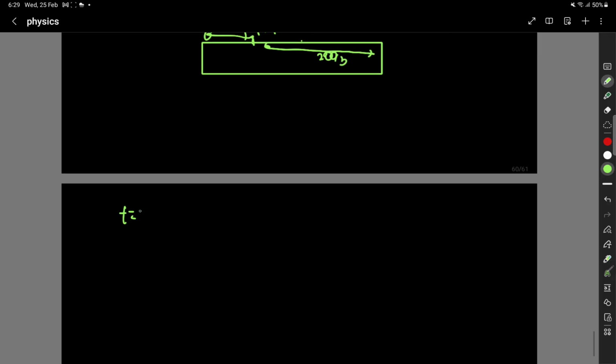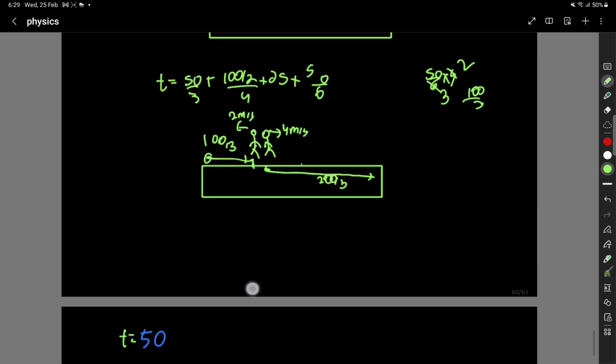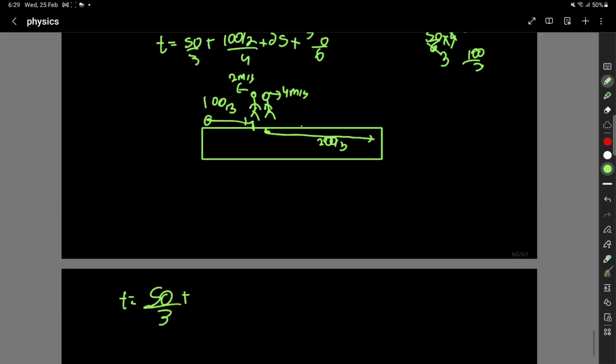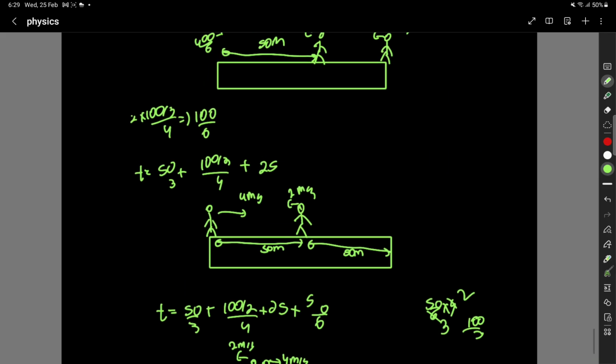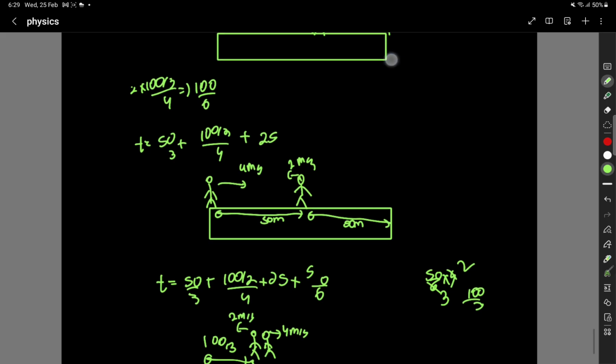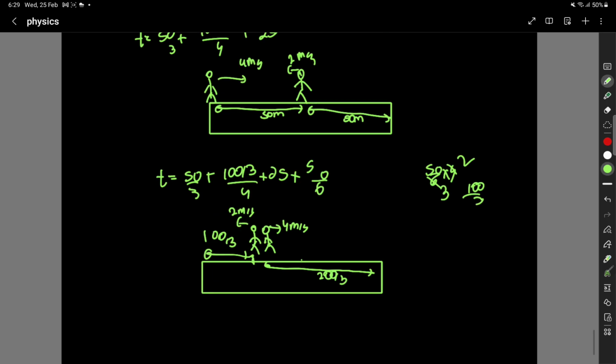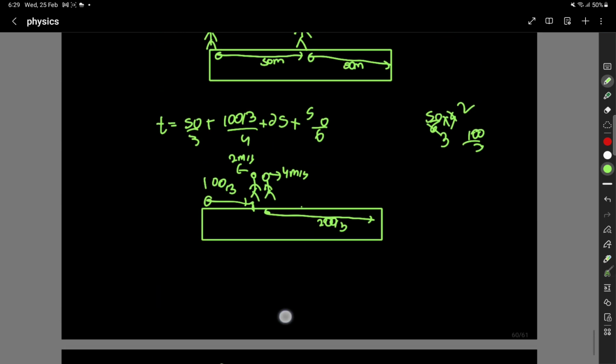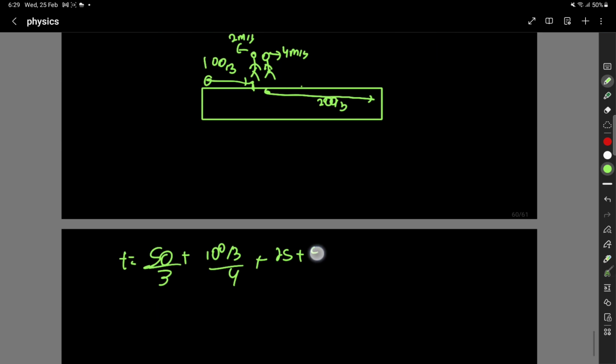Now we can go for t is equal to 50 by 3 plus 100 by 3 by 4. Wait, sorry, it was supposed to be 100 by 3 by 4 plus 25 seconds plus 50 by 6, which is 100 by 3 by 2.